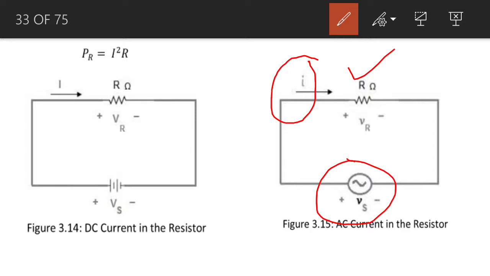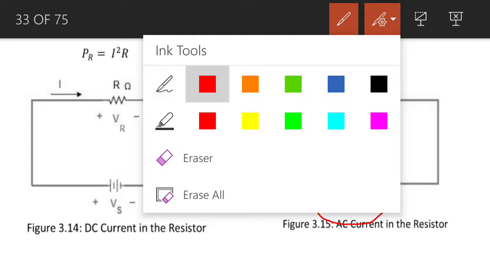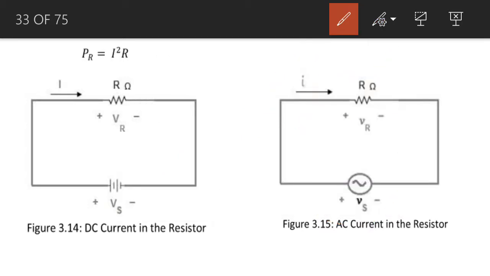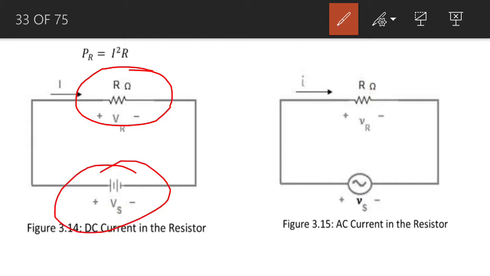The resistor will take an average power from the AC voltage source. So this resistor will take some power from the AC voltage source, and we connect the same resistor across the DC voltage source.